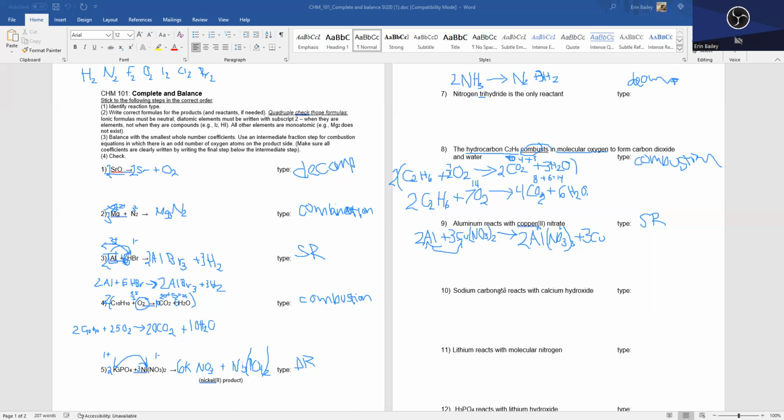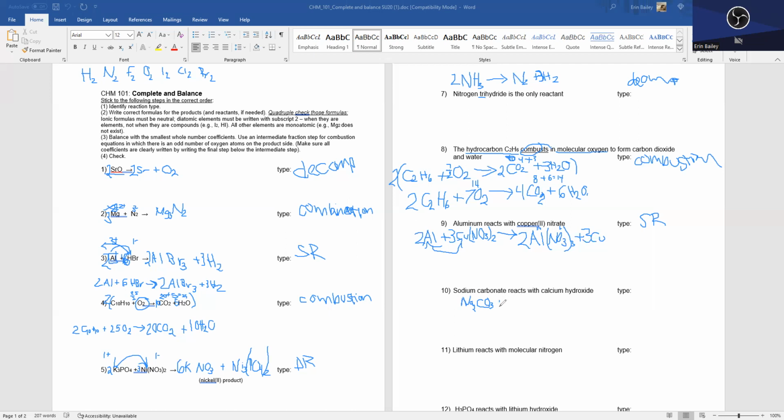Carbonate is a polyatomic ion, and it has the formula CO3 and a -2 charge. Sodium is Na, and it has a +1 charge, so it needs 2 of those positive ones to cancel out the 2 negative charge from the single carbonate.